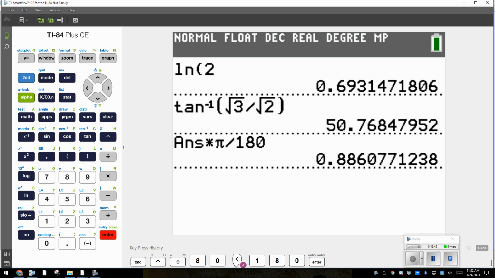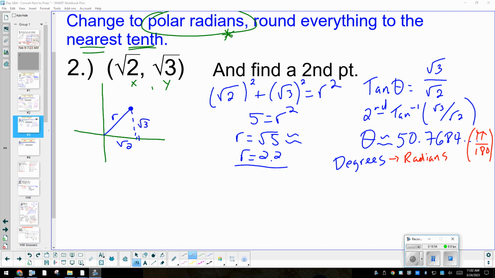Now you should get a decimal, approximately 0.886. So theta, and we wanted it rounded to the nearest 10th, so this would be 0.9.